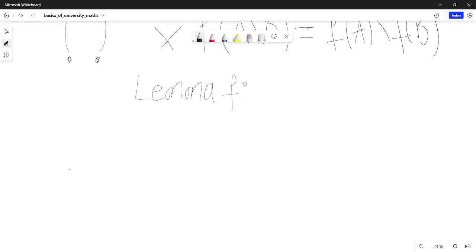Okay, again, f is a map from X to Y. Okay, what do we have?